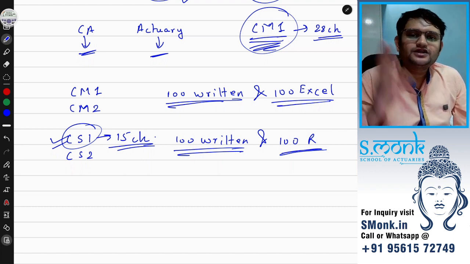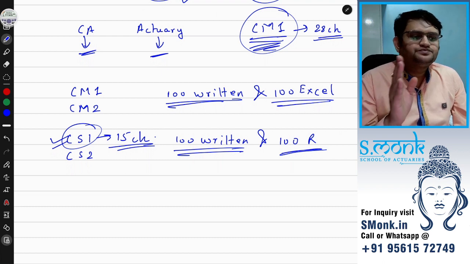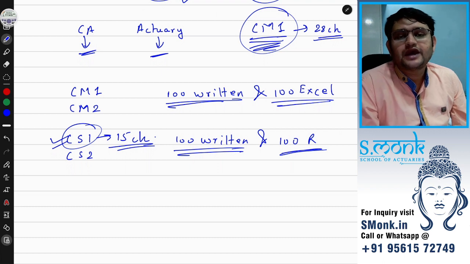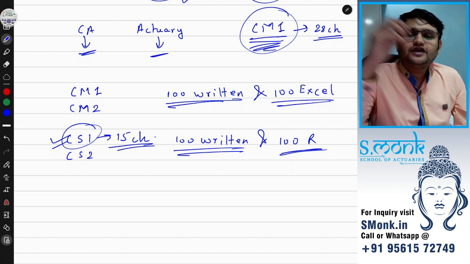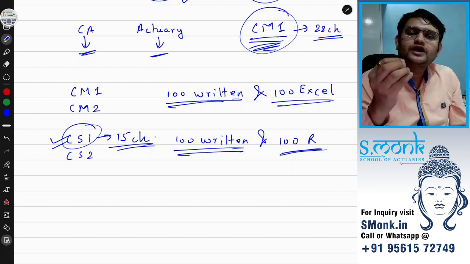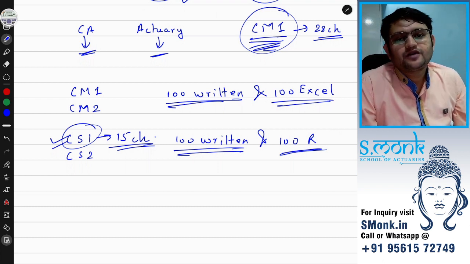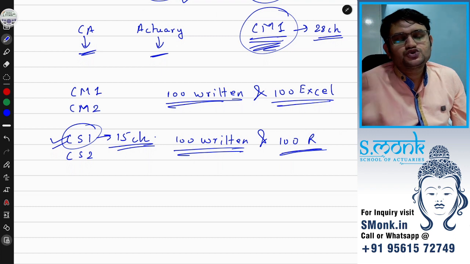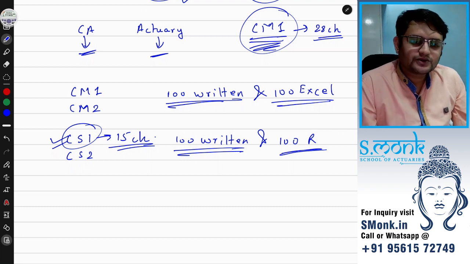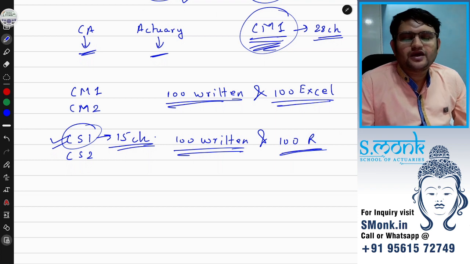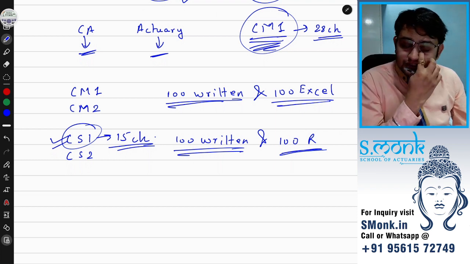Okay, so other than that, what happens is, right now college degree do not matter when it comes to getting job in actuarial science. But let's say 5 years from now, when there will be more competition, they might be looking at your college degree as well, then that might matter. Okay, but right now you don't have to worry about the college degree when it comes to getting jobs in actuarial science. Okay, so I'm not expecting that to become a norm for at least 5 to 7 years from now.